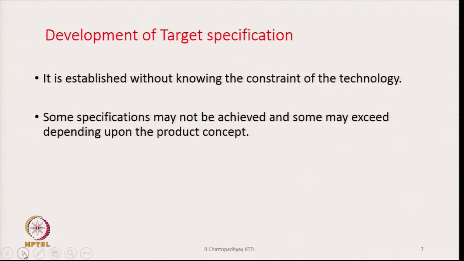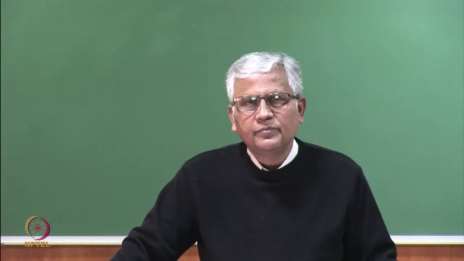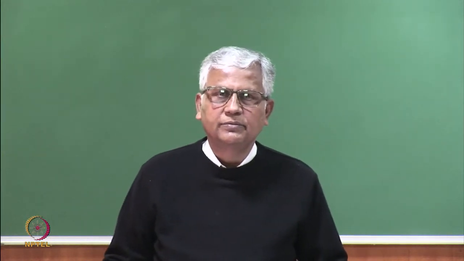Some specifications may not be achieved and some may exceed, depending upon the product concept. So, it is possible that some specifications may be achievable and some may not be achieved at all, but even then we should start with some specification which we will call target specifications.